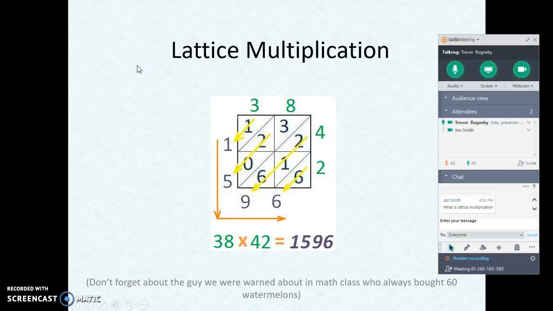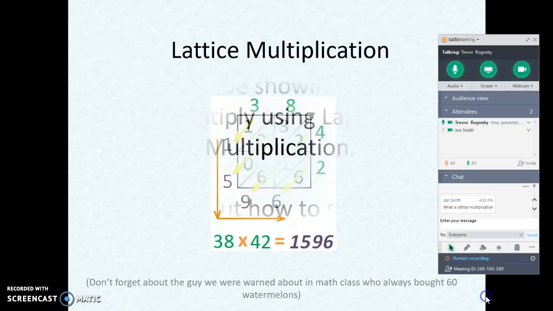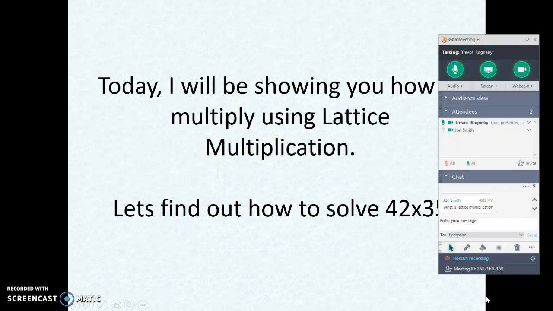They're larger, obviously. If it's single numbers, it's not going to work as well. But it's basically putting the multiplication equation into a box and dividing it into a grid of basically lattice. So when we move on from here, we're going to show you how to use lattice multiplication.